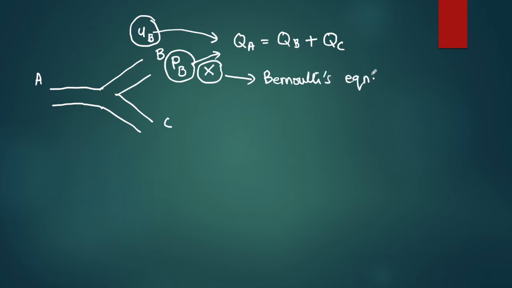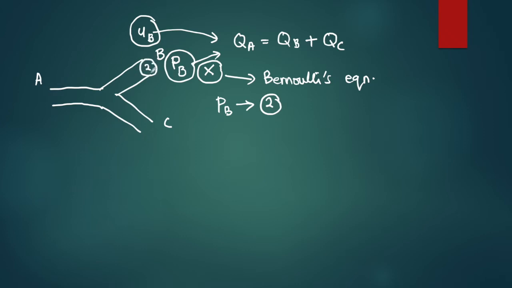So let's say we have to find PB. Our aim is to find PB, and we will select PB at point B as our point number 2.